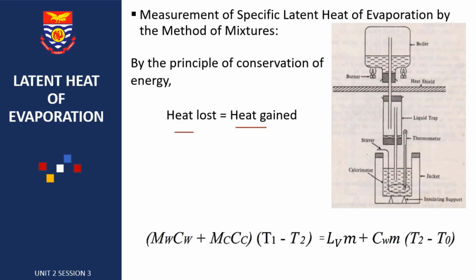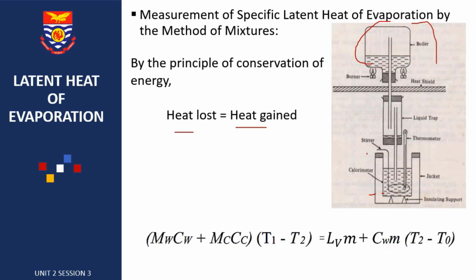Here we have our stirrer inside our calorimeter. This is our calorimeter, and we have an insulating support, which is also in a jacket. Most of the time the calorimeter is made of copper. We also have a boiler at the top, where heat is being applied to it.